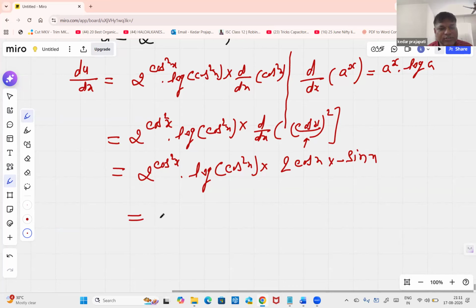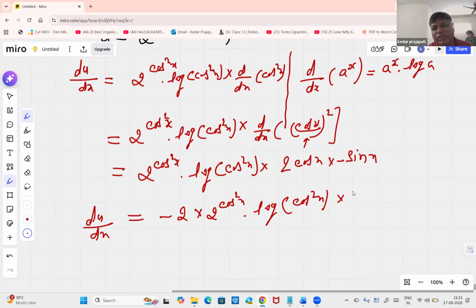So basically du by dx is becoming, 2 will come, so minus 2 into 2 to the power cos square x into log 2 into sin x cos x. Right?